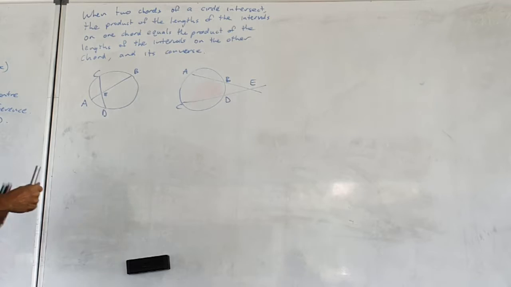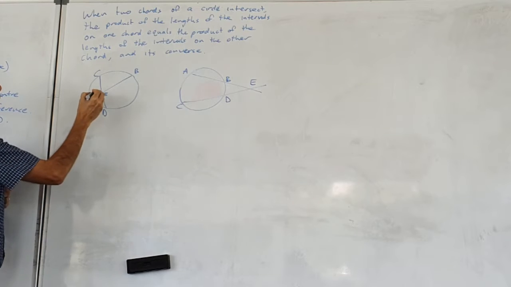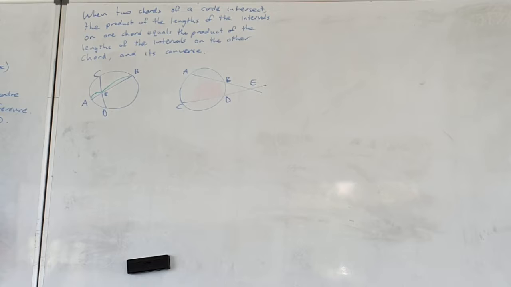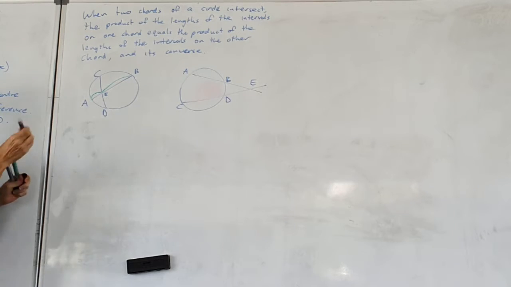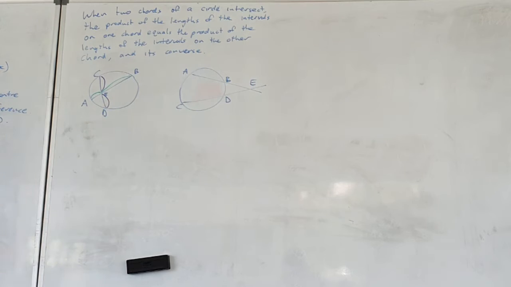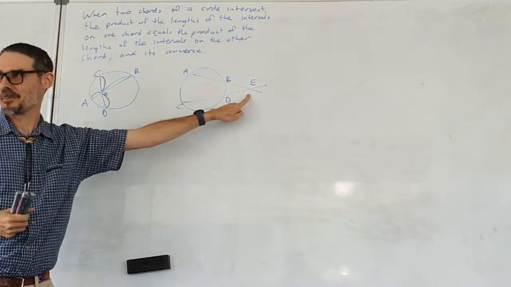Okay. What is the theorem telling me? The theorem says the product of the lengths of the intervals on one chord, this times that, has to equal the product of the lengths on the other chord, this times that. But when it's outside, you must be careful. Because we're talking about the intervals from the point of intersection.